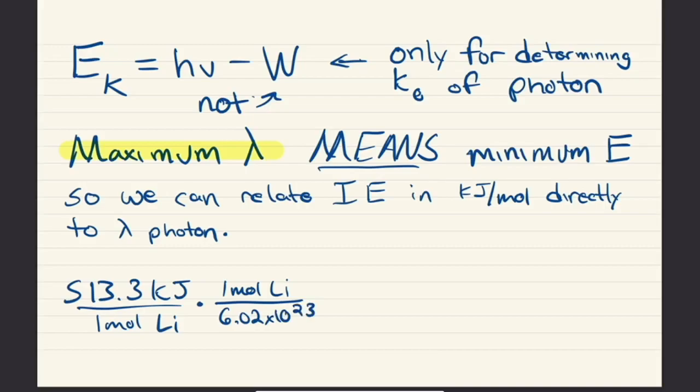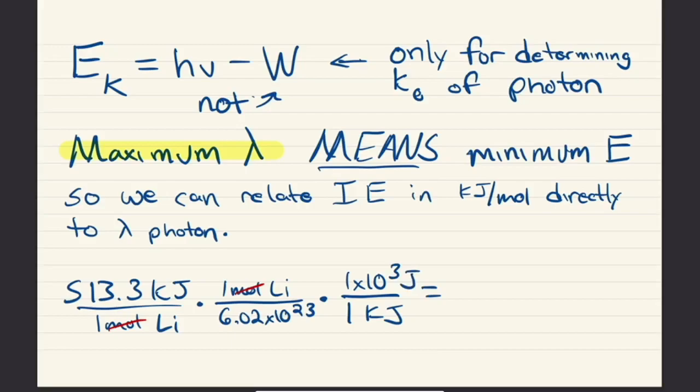And what that does for us is that eliminates the term of moles of lithium. It gives us a value in kilojoules, and we can convert that from kilojoules to joules by using dimensional analysis.